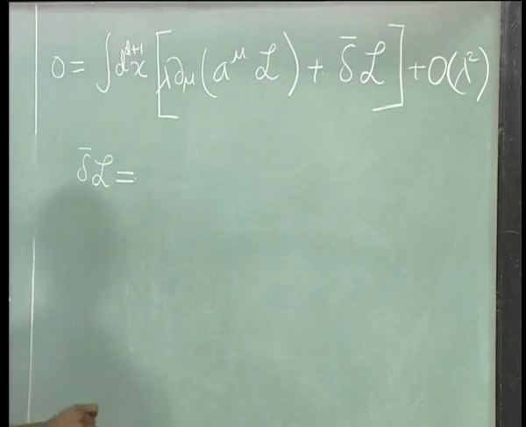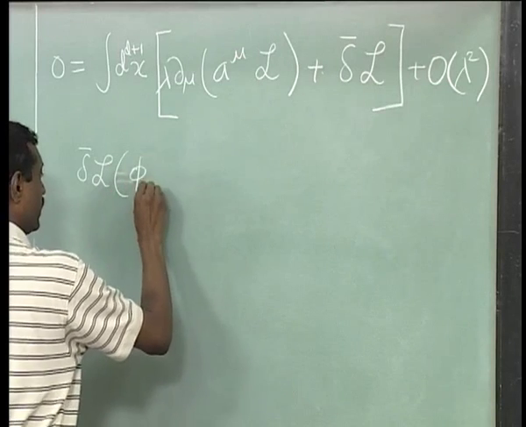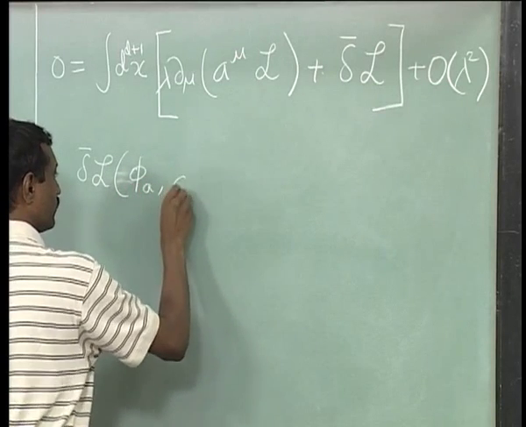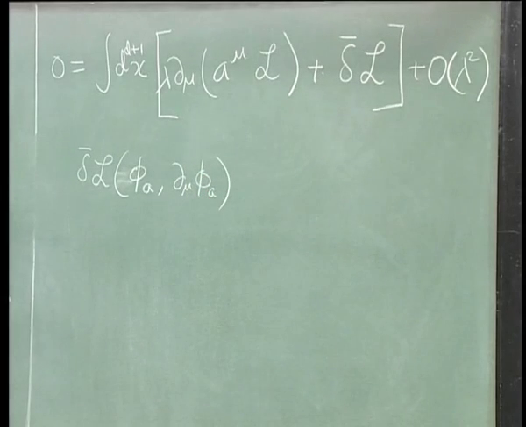Delta bar of L, and L is supposed to be a function of phi, and let us take many scalars, or it could be even a vector field.